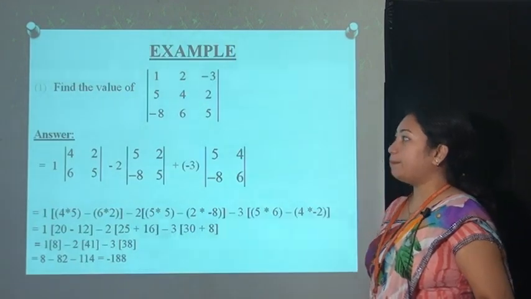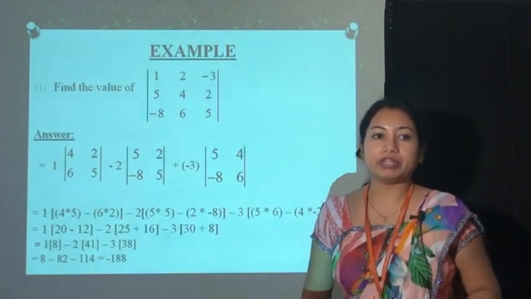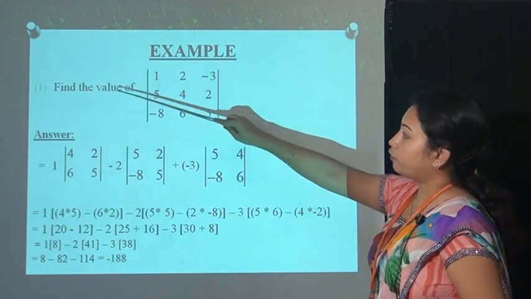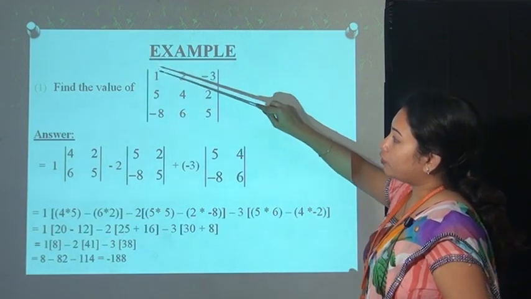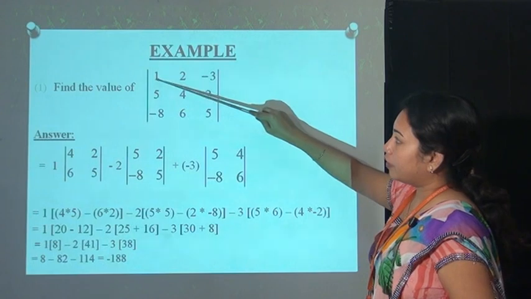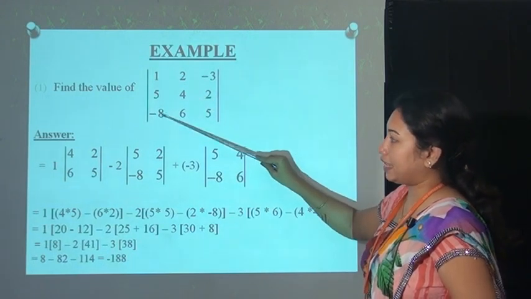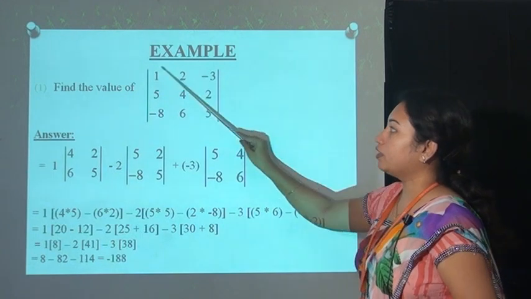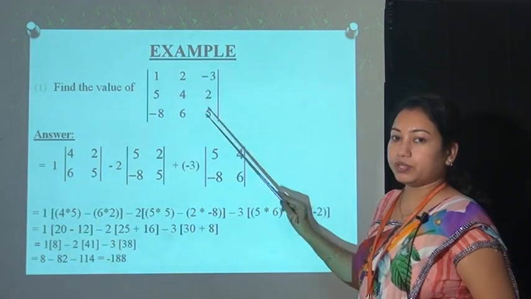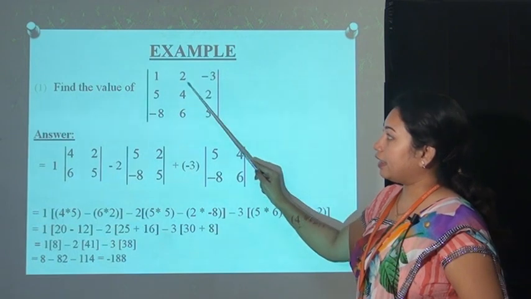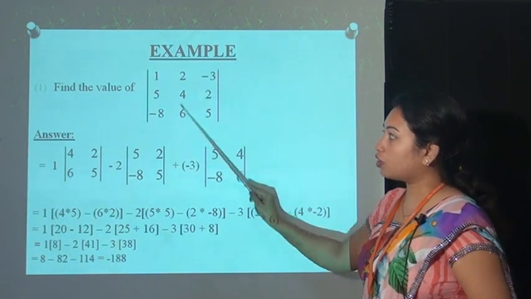Now let's take an example based on a 3 by 3 determinant. We want to find the value of this determinant: 1, 2, minus 3, 5, 4, minus 2, minus 8, 6 and 5. The order of this determinant is 3 by 3 because there are 3 rows and 3 columns.